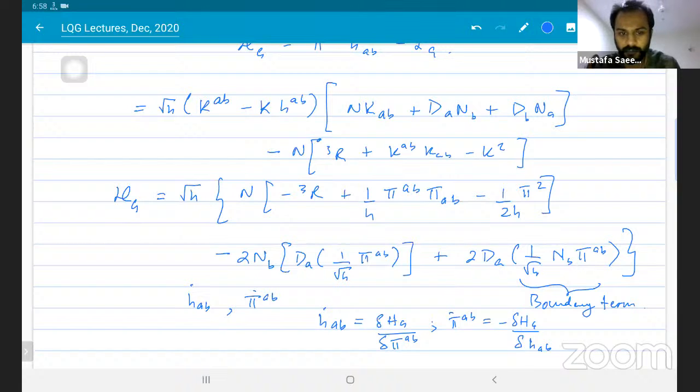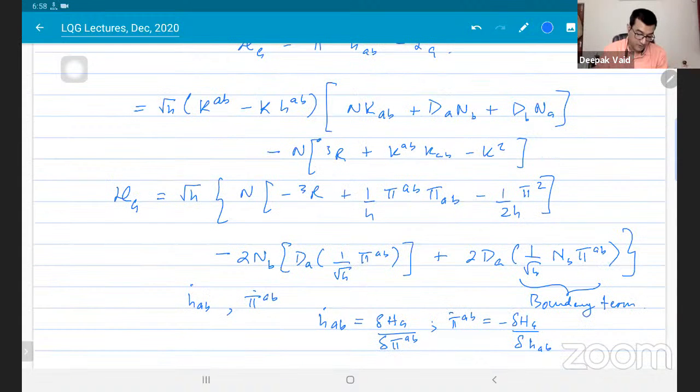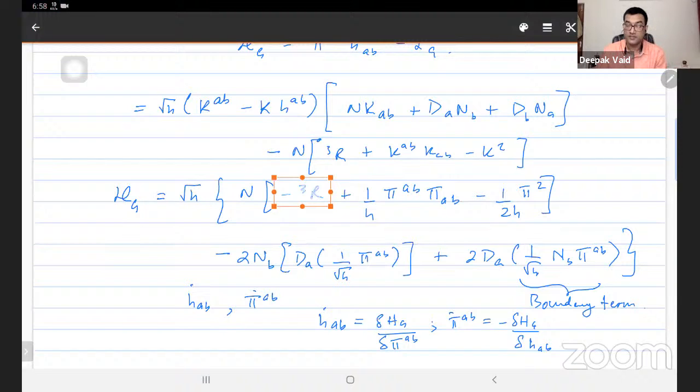The second question that I have is that in the Hamiltonian, you do have pi squared terms. For example, in H1, you have pi^ab. So that's quadratic in momentum. And then you have the trace. So I don't understand why the Hamiltonian is non-polynomial in momentum. Because, well, it also depends on this intrinsic curvature R, right?